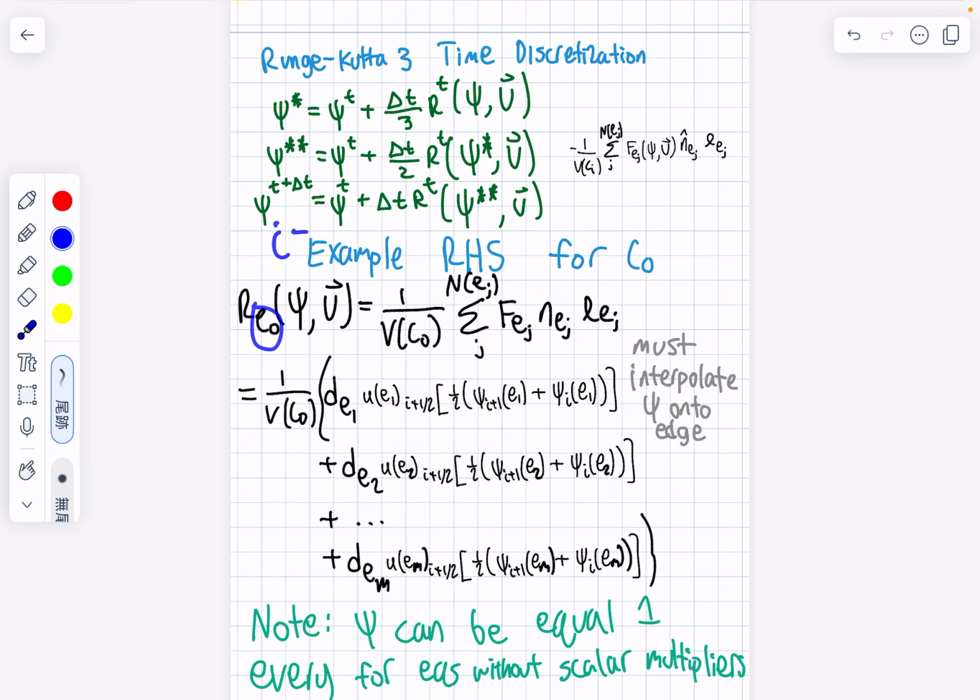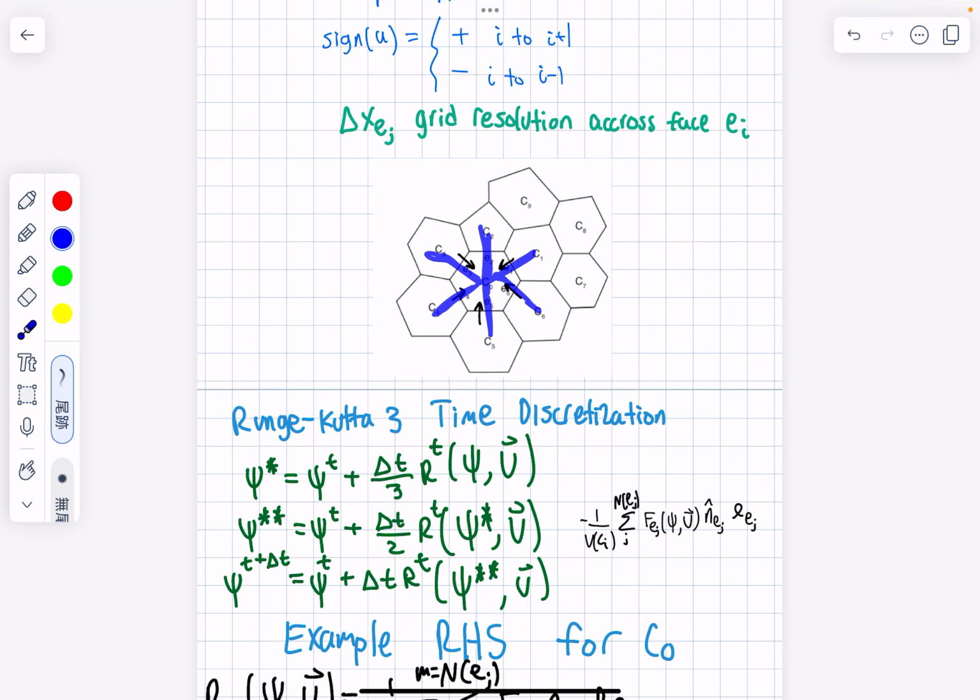So the first one is the flux at that edge plus the flux at the next edge plus the flux at the next edge. In this case, we go 1, 2, 3, 4, 5, 6. We go through all edges. And for each of these cases, we also need this LEI, the length across, which I believe in this case is probably constant, though maybe not, I'm not sure.